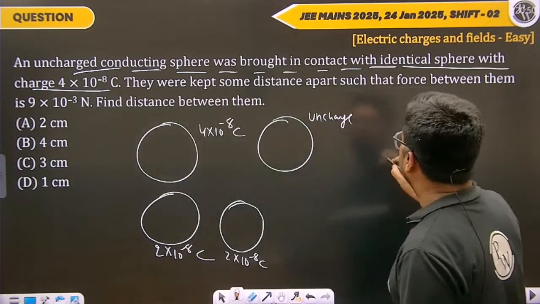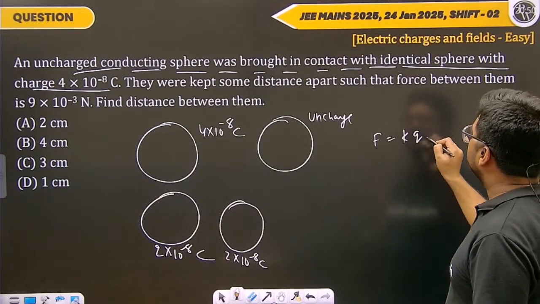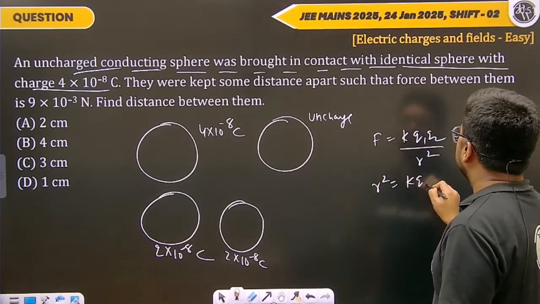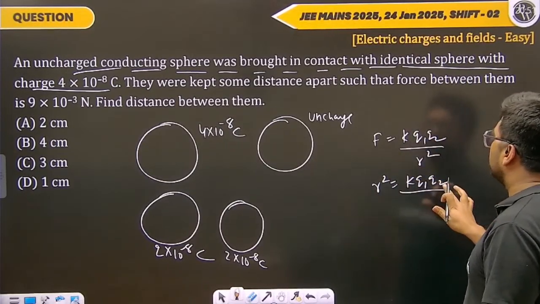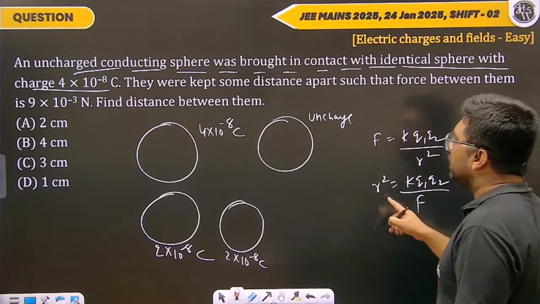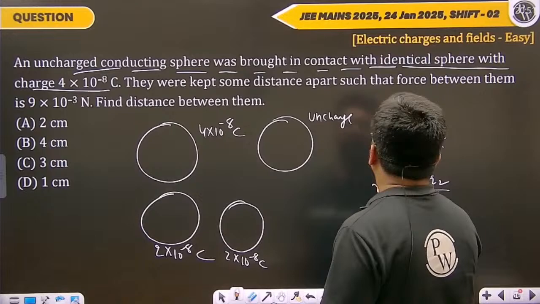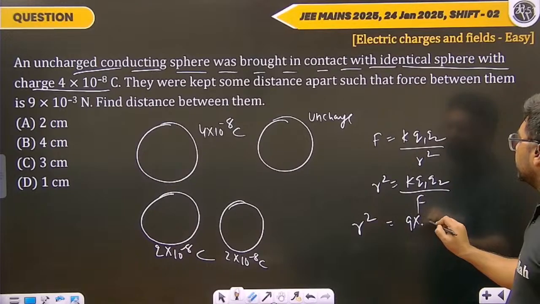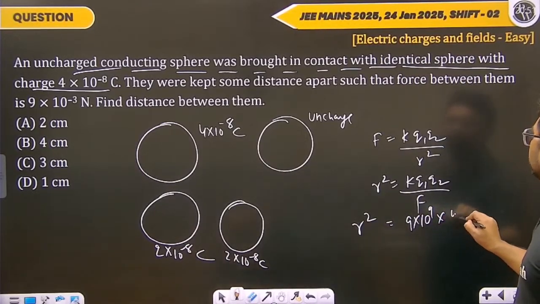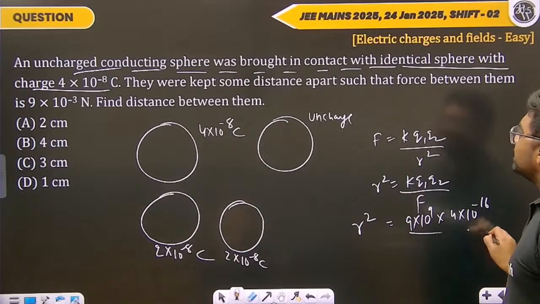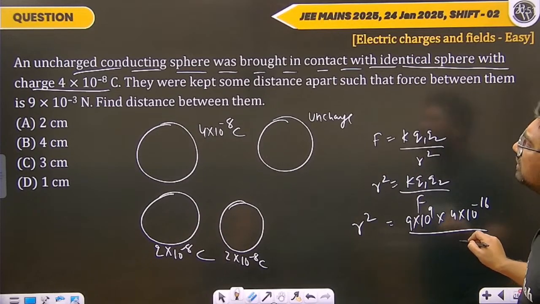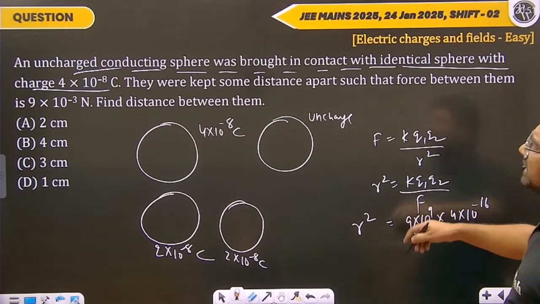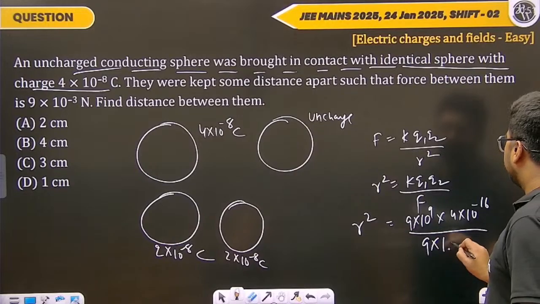The force is K Q1 Q2 by R square, so R square is K Q1 Q2 by F. We have to calculate R. K is 9 into 10 power 9, Q1 Q2 is 4 into 10 power minus 16, and F is 9 into 10 power minus 3.